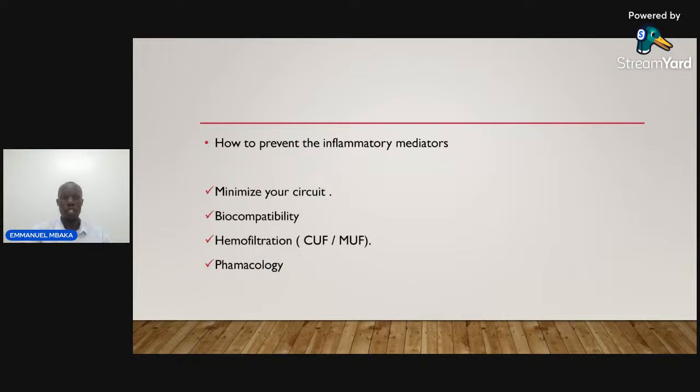Another thing you can do is biocompatibility, whereby you use heparin-coated circuits where applicable. Some centers might not have that. Also, you need to use hemofiltration, whereby we use CUF, conventional ultrafiltration, and modified ultrafiltration, and also pharmacology. Some centers use steroids to prevent the inflammatory mediators. Next slide.